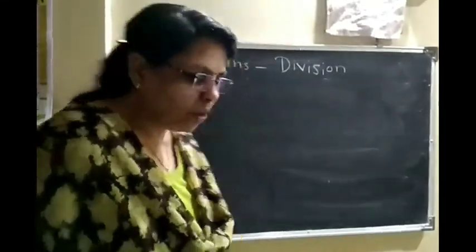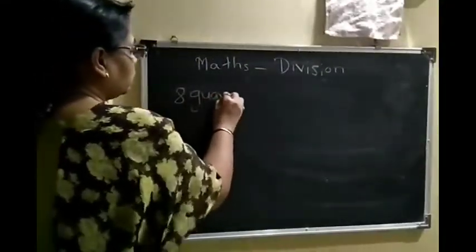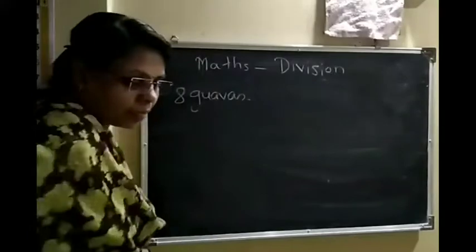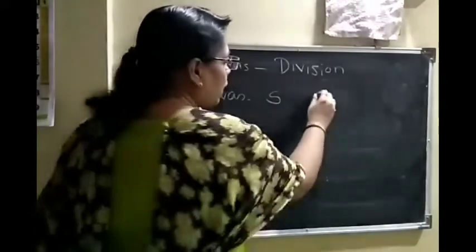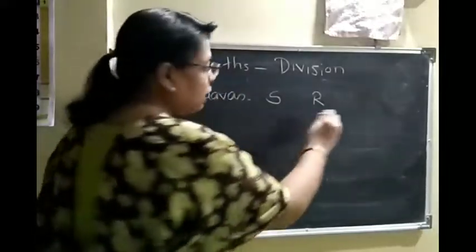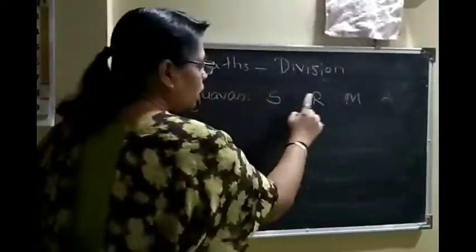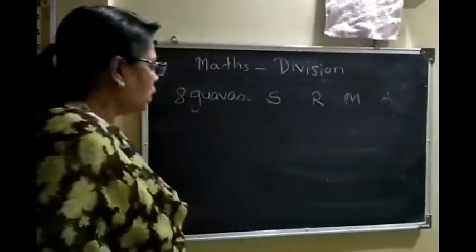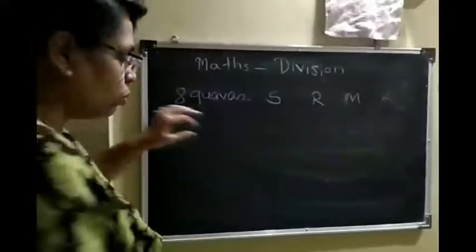How will you do that? The number of guavas is 8, and the children are Suma, Raja, Meena and Anju. Total guavas are 8, children are 4.